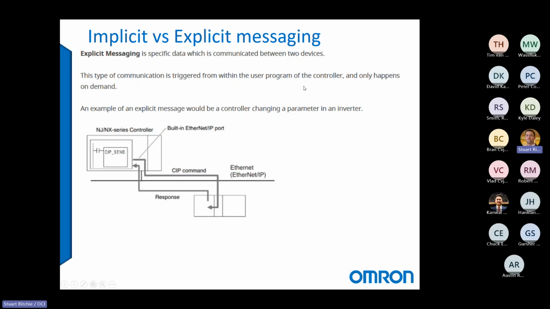When you're using explicit messaging, this is commonly used for a data point on a device that isn't included in your implicit data, but you might need to modify it from time to time. So for example, if you had a VFD, your current limit might not be included in your implicit connection, but you might need to adjust your current limit based on what you're powering, what you're driving. That would be a use case for an explicit message.